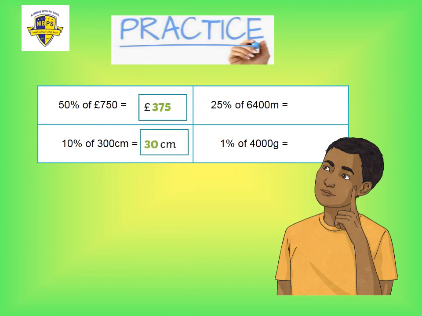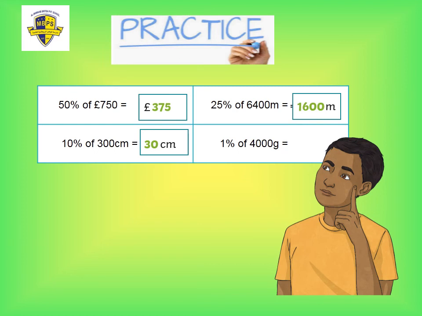Excellent. The third one, 25% of 6,400. When we want to find 25% of any number, we divide by 4. Good. So 6,400 divided by 4 equals 1,600.